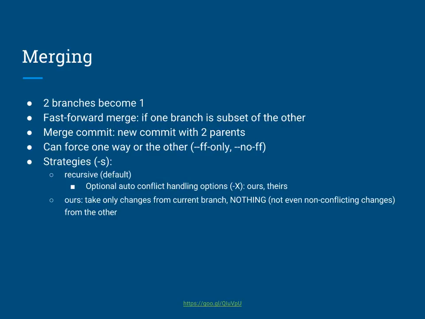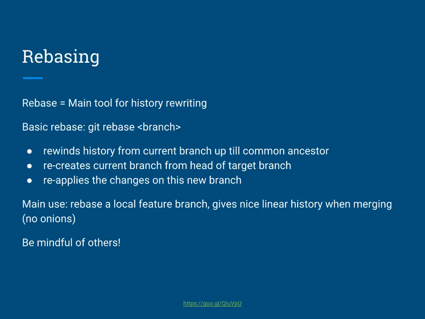So at that point you might decide, okay, I want to merge my development branch into my master, but I only want to take the changes from the development branch because that is the good branch. The master branch, I actually want to trash it. So you can then merge it with ours. This is actually sometimes a necessary thing to do. That was merging, and I will demo it in a little bit.